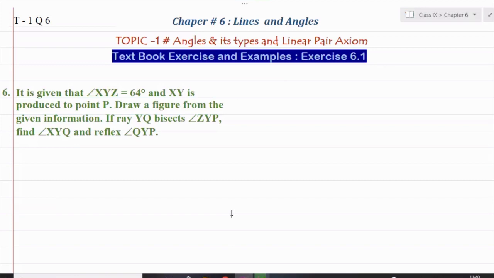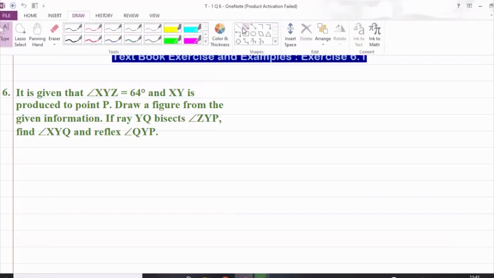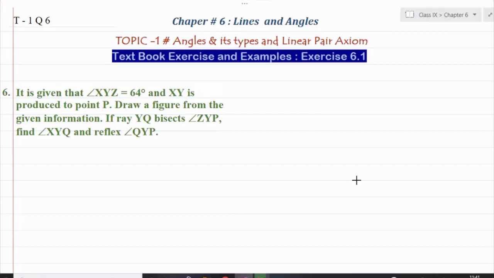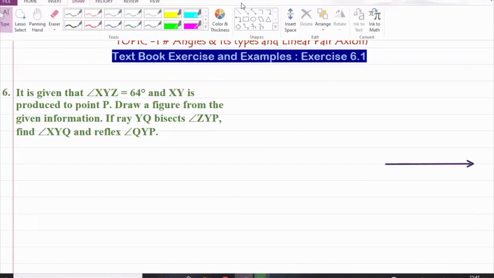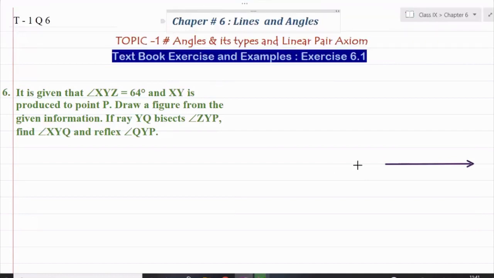So first of all, our job in this question is to draw the given figure. We shall start step by step. First of all, we are given that angle XYZ is equal to 64 degrees. So let me draw the figure first. Suppose I draw one line in this direction and one more line to make an angle of 64 degrees.